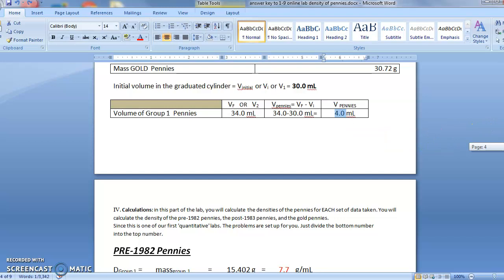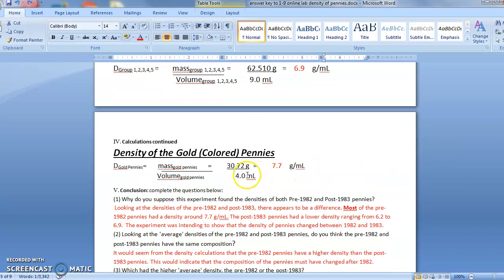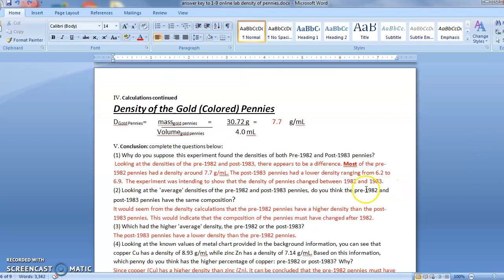An object displaces its own volume in water. So 4 goes on the bottom. 30.72 divided by 4 is about 7.7. So that's the density of the gold-colored pennies. With that number, we can now determine, are those pennies actually gold? And we'll do that later as we begin looking at our conclusion questions.